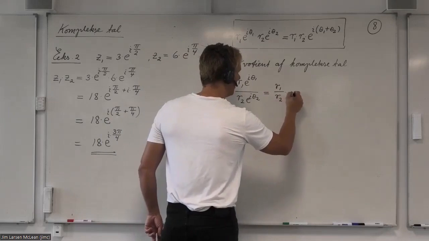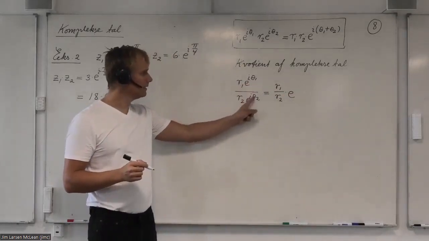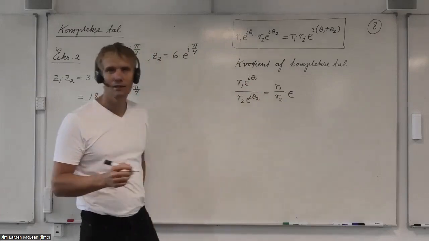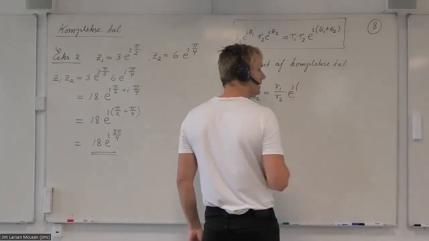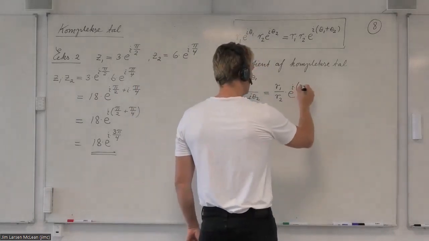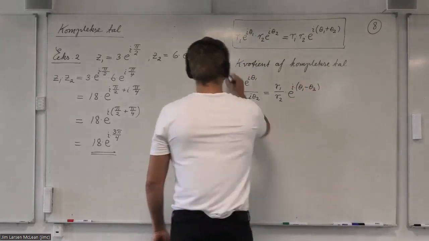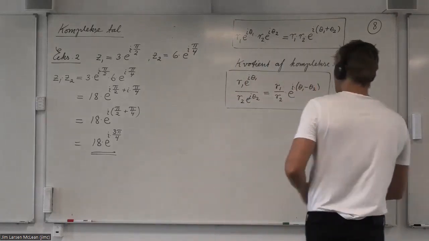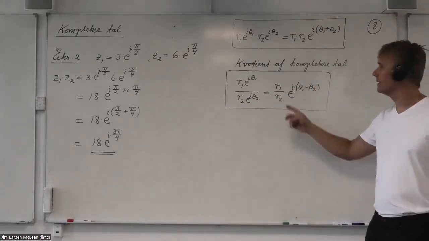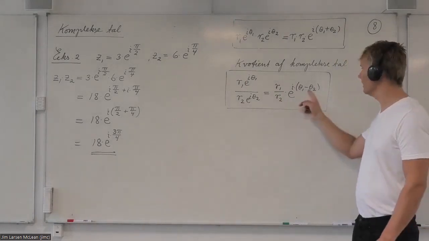And I can subtract the two exponents from each other. So I'll take the top exponent and subtract the bottom exponent using a rule of exponents. This gives me Euler's number raised to the power of i times, and I can put i outside the parentheses, theta 1 minus theta 2. And if one needs to translate what it means, to divide two complex numbers, you divide their moduli by each other and subtract their arguments from each other.